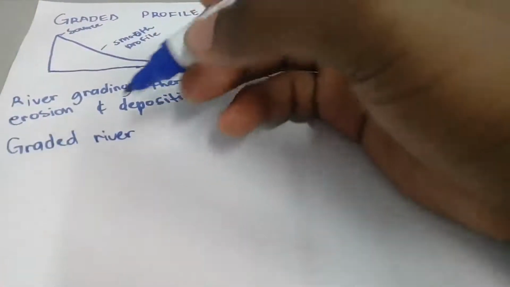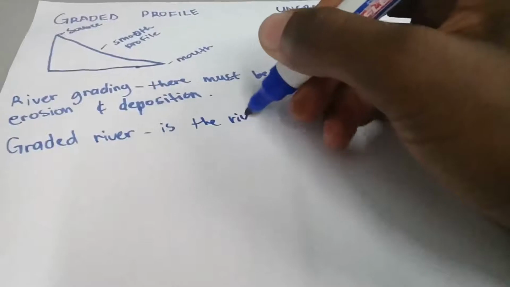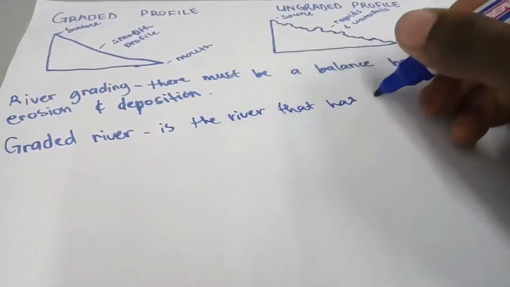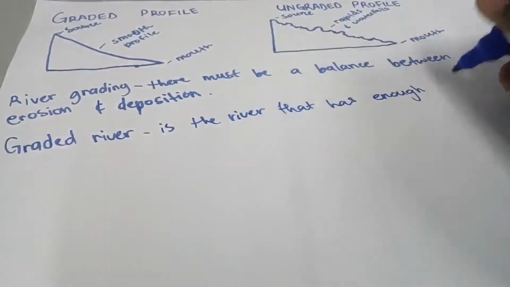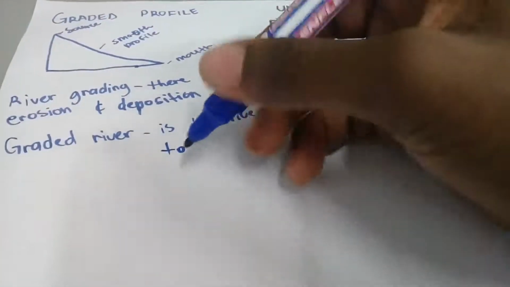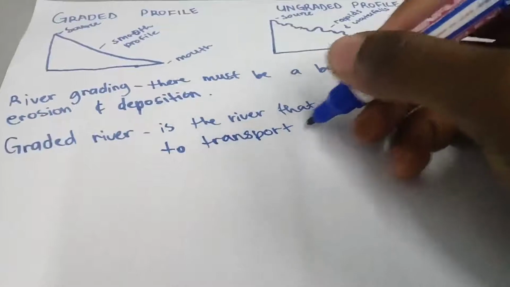So let's talk about the graded river. A graded river is the river that has enough energy to transport the material.